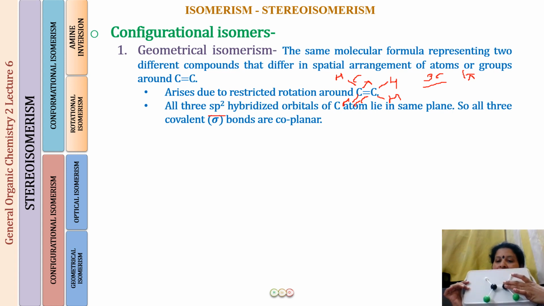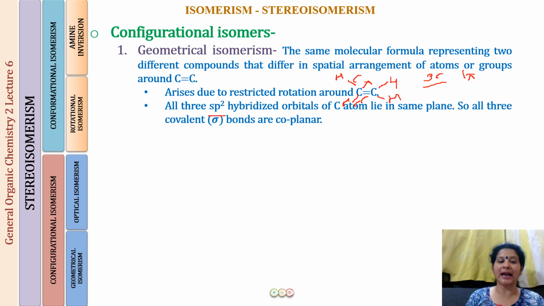So these are all in one plane. I can keep it like this. This is going to be on one plane. So they are on the equatorial plane, all the bonds. They are all coplanar. Now these are sp2 hybridized orbitals.